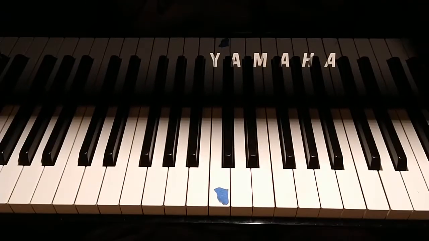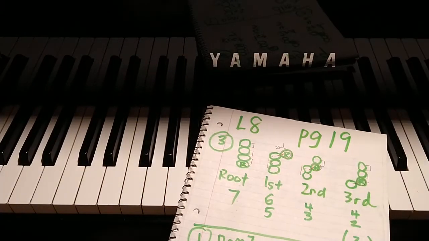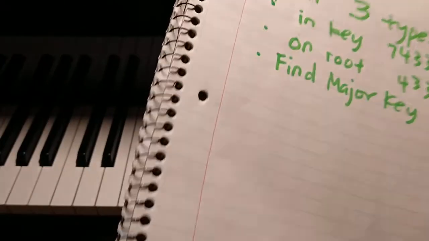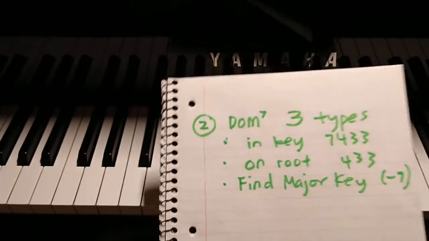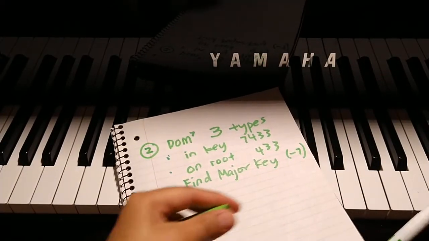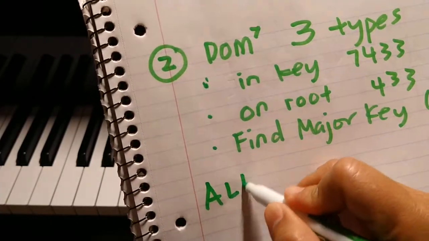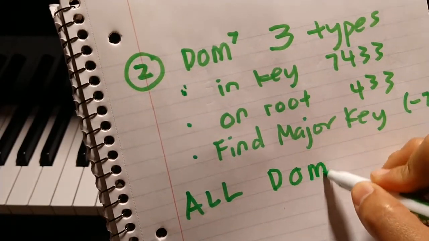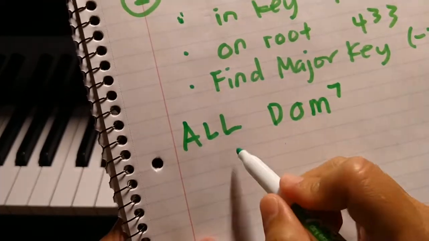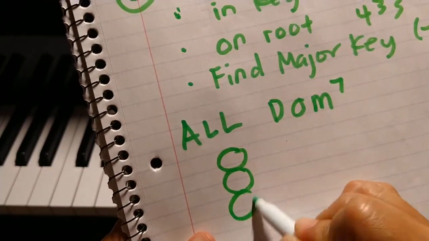I'm going to go back and have you add on one very special note. Okay. All the dominant 7. It doesn't matter in what key, major or minor key. All of the dominant 7. Okay. There's a special note.